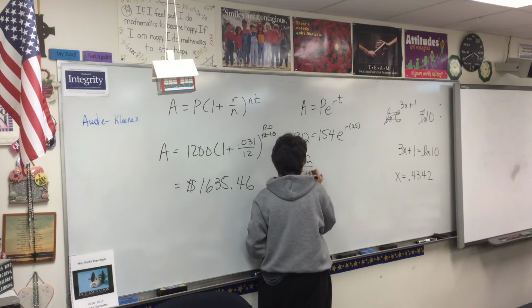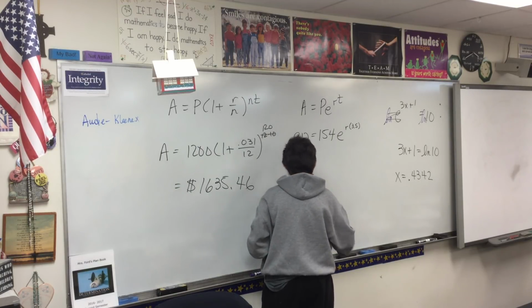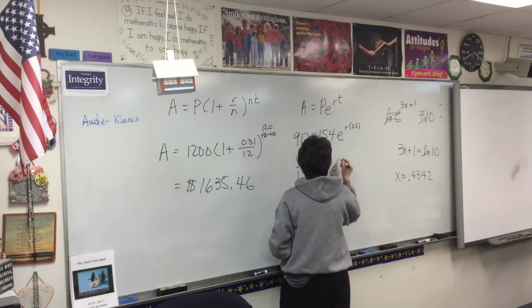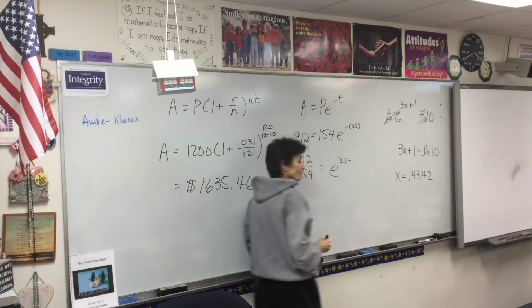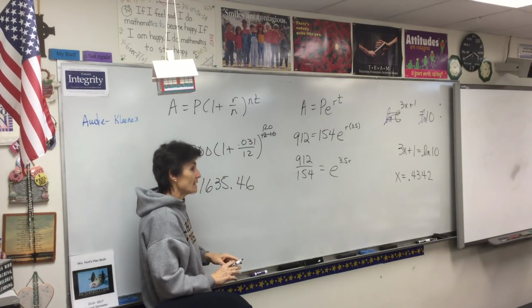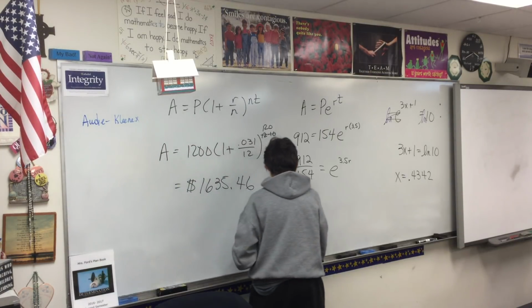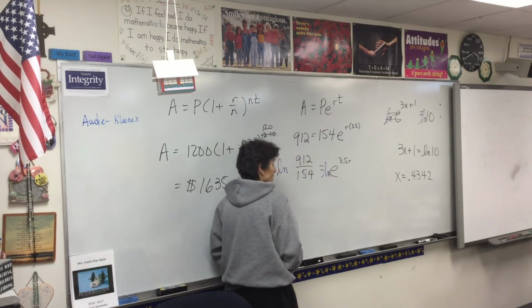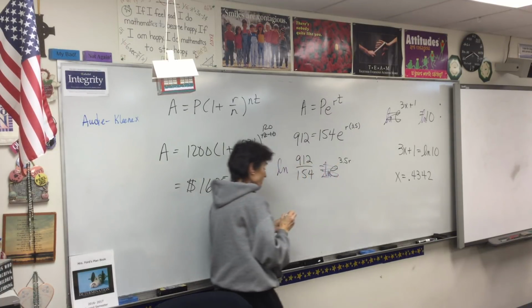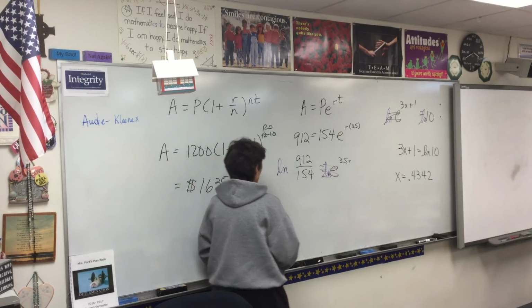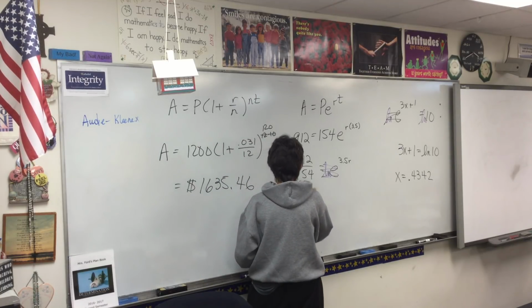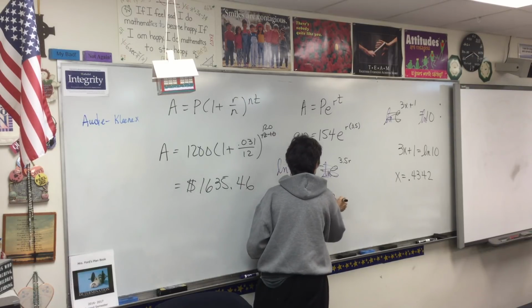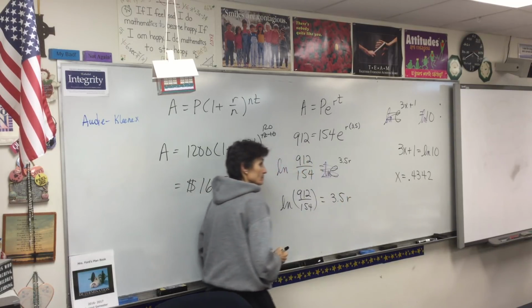So 912 divided by 154 equals e to the 3.5r. You do ln. Now I can ln. And this right here is gone. You make 3.5r. So ln 912 over 154 equals 3.5r.